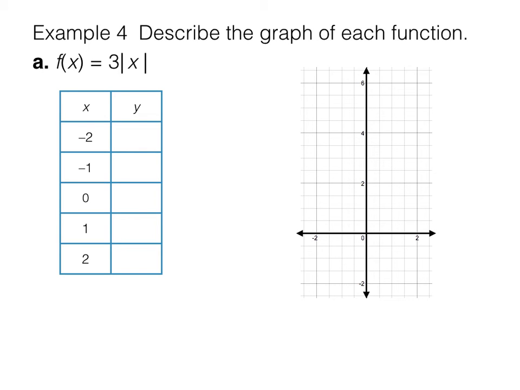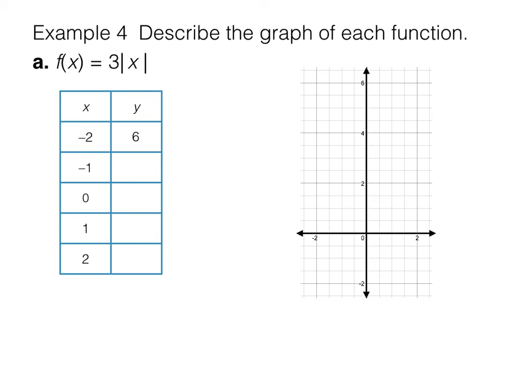Okay, so sometimes we're going to have a number outside of the absolute value, and that's going to change how steep the curve is. So instead of the slope being 1 and negative 1, or negative 1 and 1, the slope will be multiplied, in this case, by that number 3.